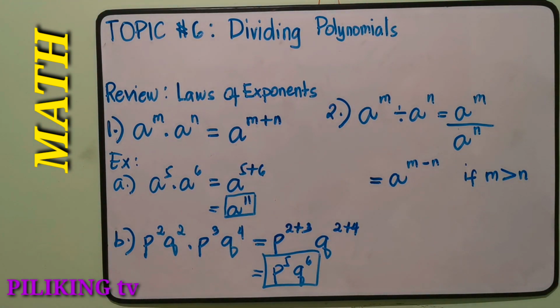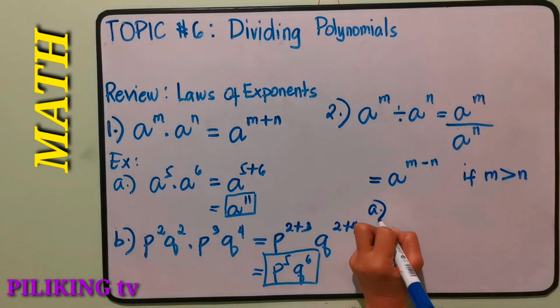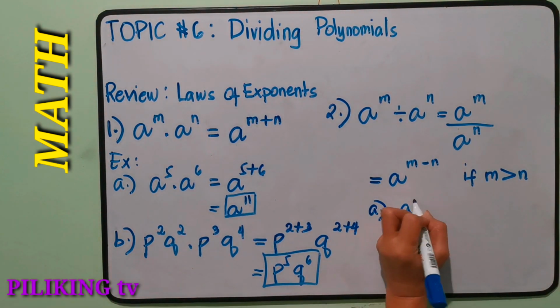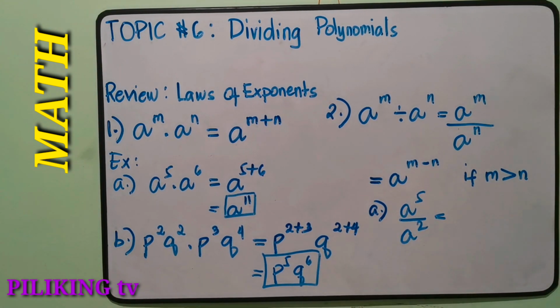Okay, example letter A, if we have a raised to 5 divided by a raised to 2. Since they have the same base, you just subtract the exponents since m is greater than n. So 5 is greater than 2.